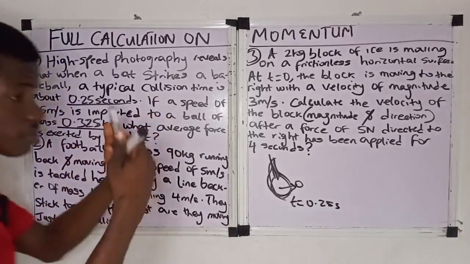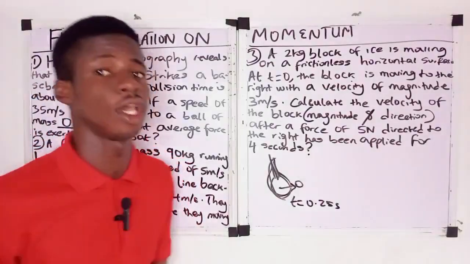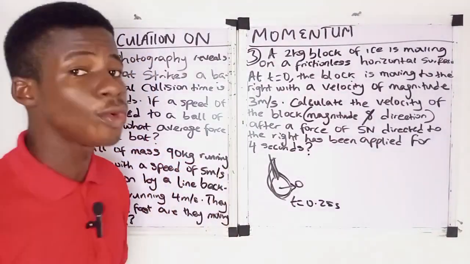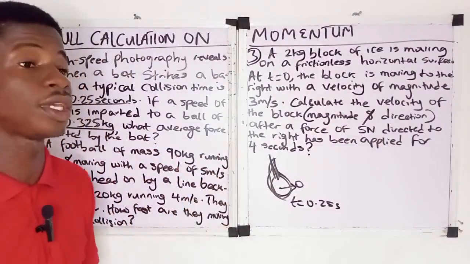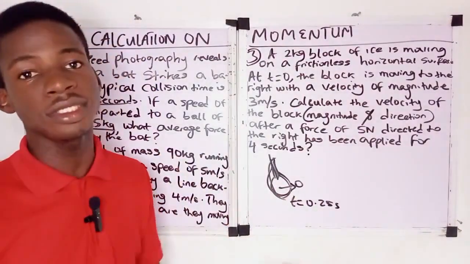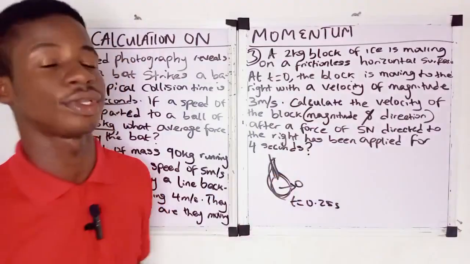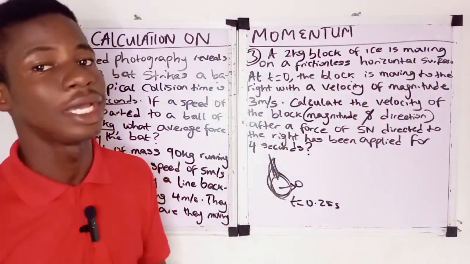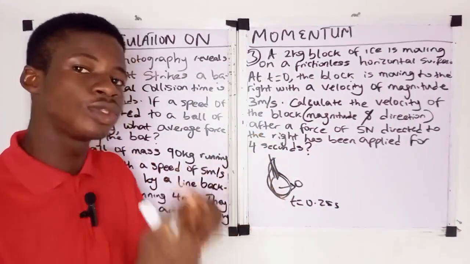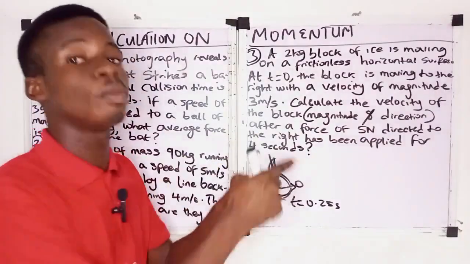So they're asking us to calculate the average force. What formula are we going to use? This question is very, very easy. Remember Newton gave three laws of motion: the first law, the second law, and the third law. Now the second law is also known as the law of momentum.